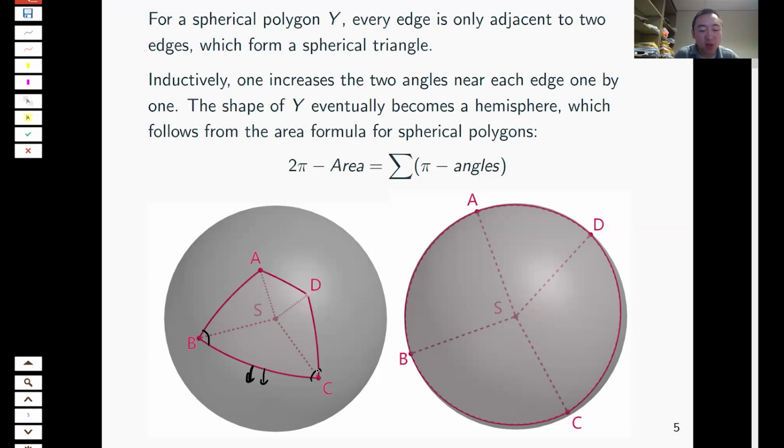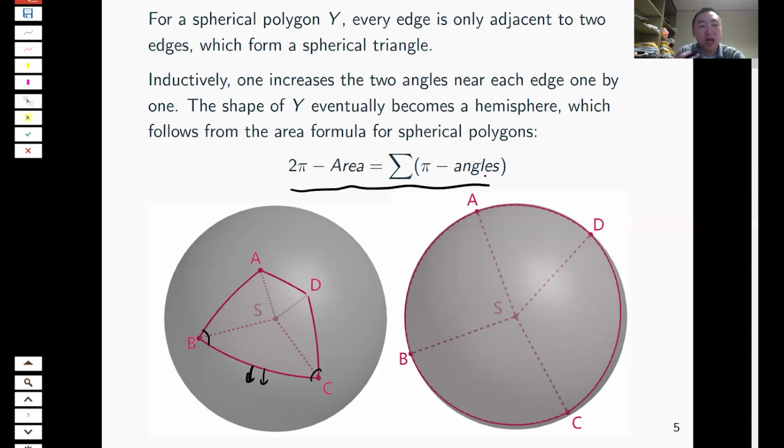This is a nice compact argument, because the space of all spherical polygons with a fixed number of edges is indeed compact, since they are only given by finitely many vectors. So you can always do this step by step and have a limit. Eventually, the limit happens when all the angles become pi.